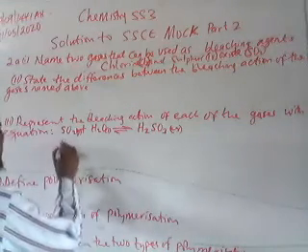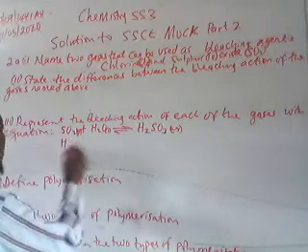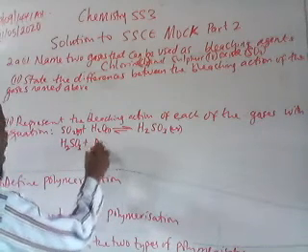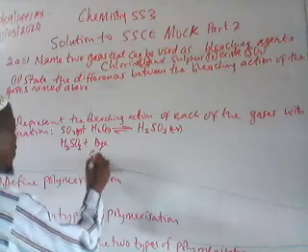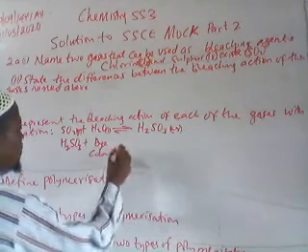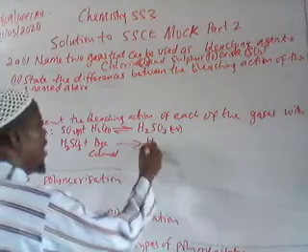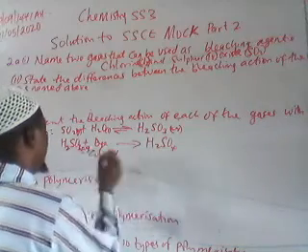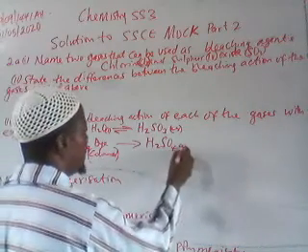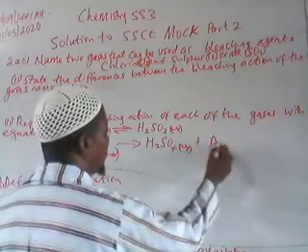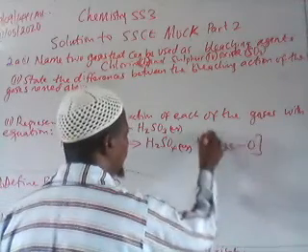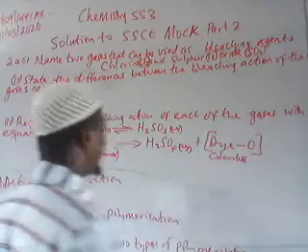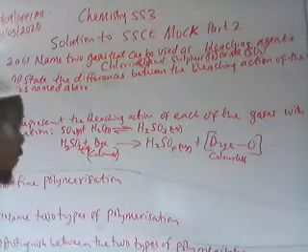Then the trioxosulfate(IV) acid will react with dye, which is colored, to form tetraoxosulfate(VI) acid. And dye will lose oxygen and become colorless. That is the bleaching action of sulfur(IV) oxide.